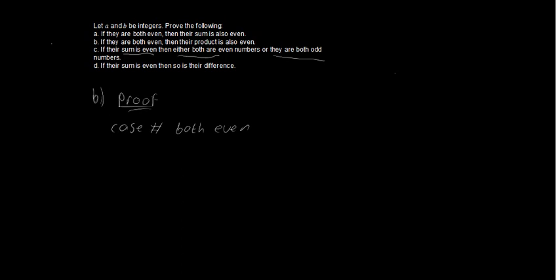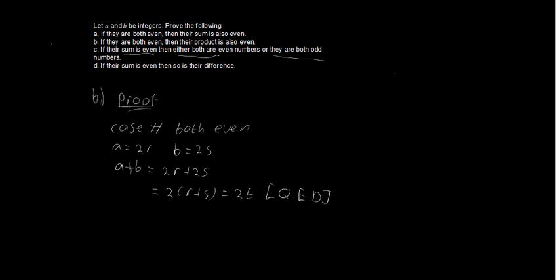This is similar to what we've been doing all this time, similar to A. So I'm just going to say A is equal to 2R, B is equal to 2S. Then A plus B is equal to 2R plus 2S, which gives us 2 times R plus S, which is equal to 2T. Then just close it off with a QED there, right?